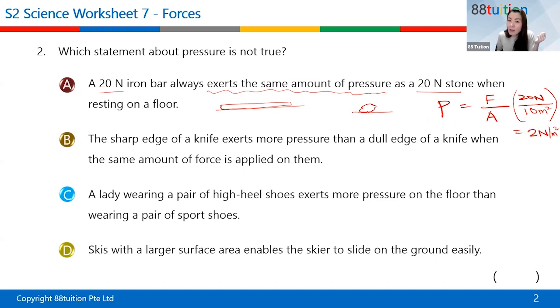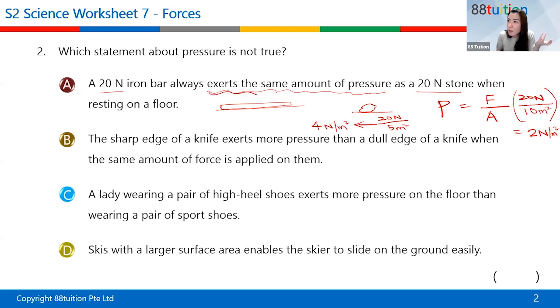But let's say this stone, the area of contact is a lot smaller. So if I calculate 20 newtons by maybe 5 meters square, smaller area, right? So what is going to be the pressure? 20 divided by 5, this will be 4 Newton per meter square.